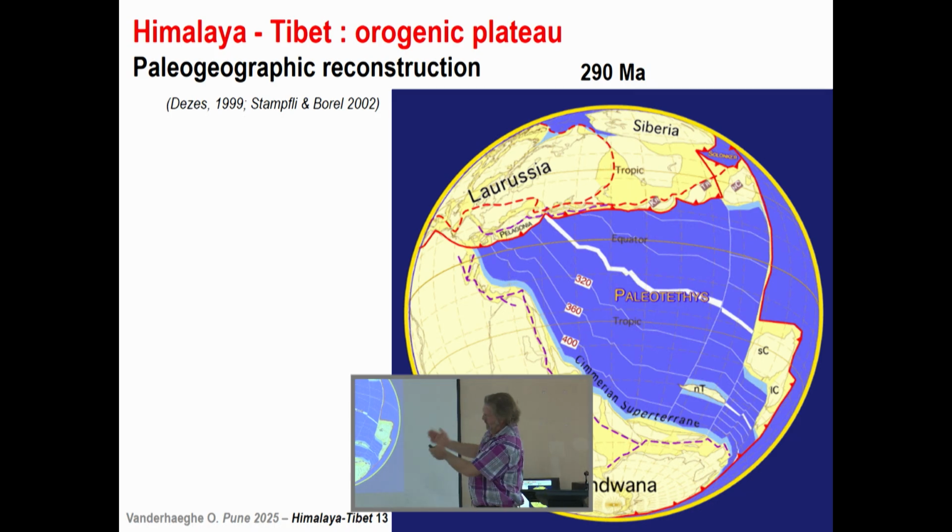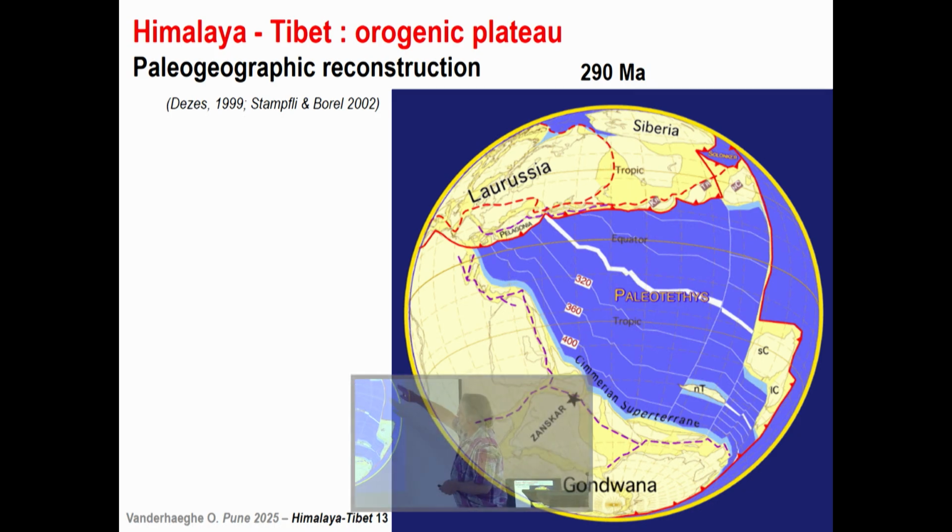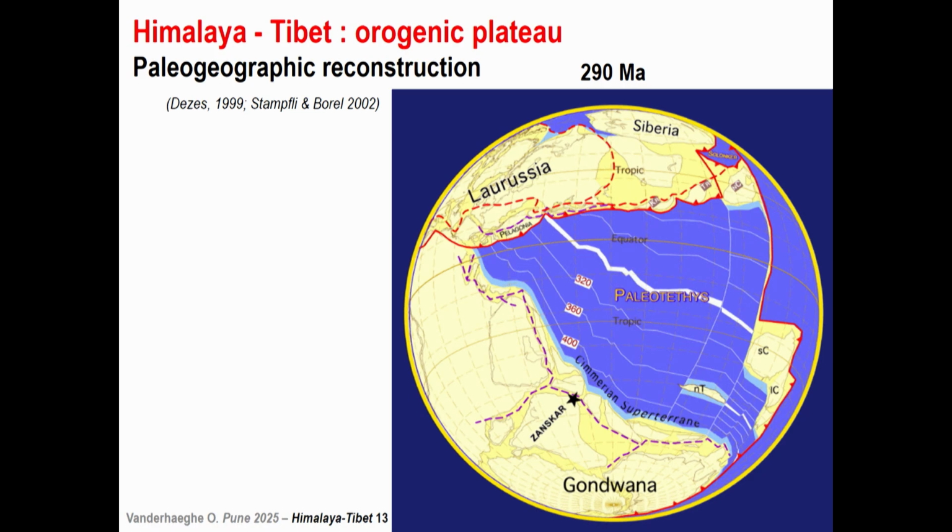Reconstruction, so let's take it back to 290 million years with Laurussia, Siberia, so there's no Tibet yet. And India is connected to Gondwana at that time, and terranes are going to move from Gondwana through the Paleotethys subduction and then be accreted to Laurussia, Siberia.